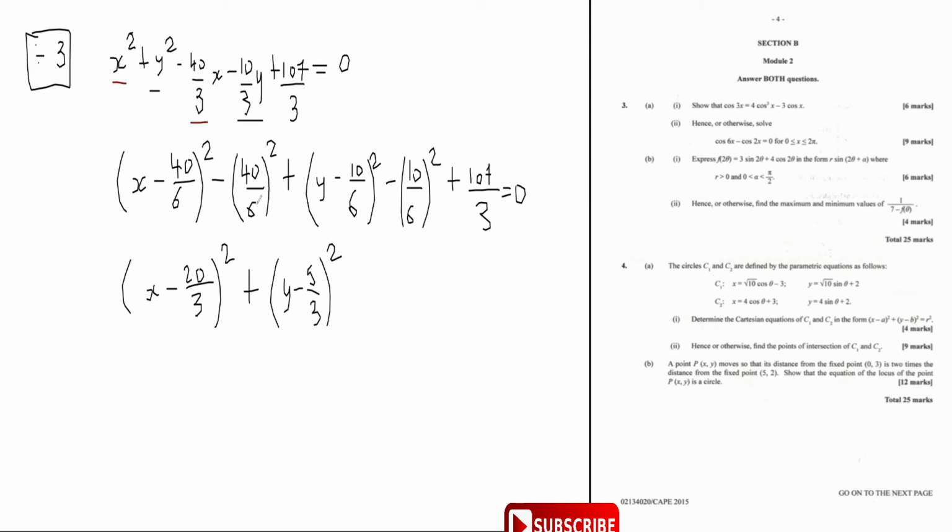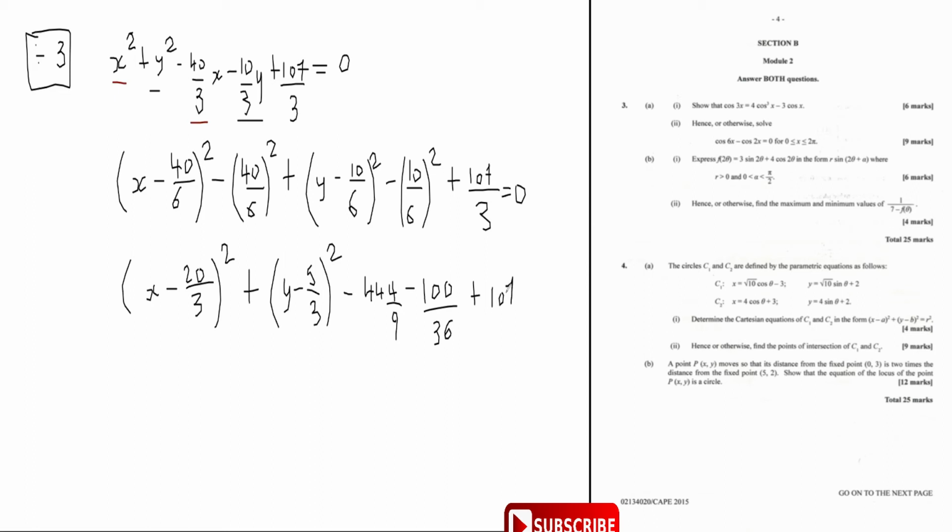Then I have minus 40 over 6 squared, which works out to be minus 44 and 4 over 9. Then this part works out to be minus 100 over 36, and then plus 107 over 3.